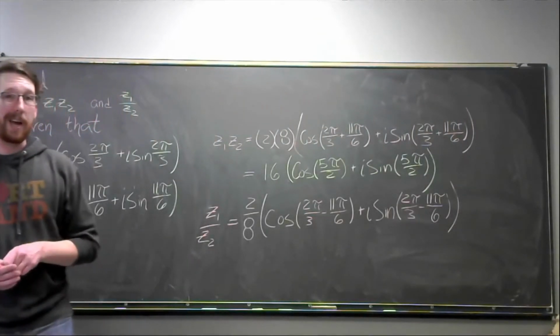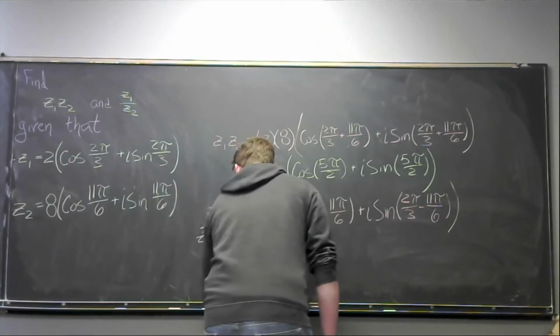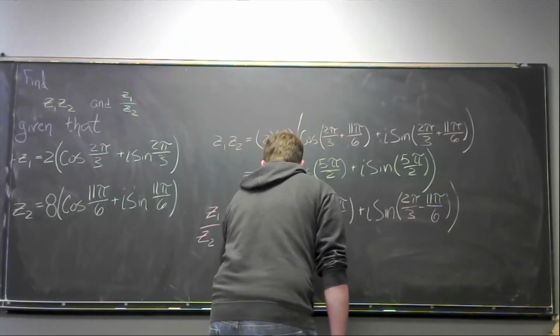Or we can reduce that 2 over 8. This is going to come out to be 1 over 4 times the cosine.